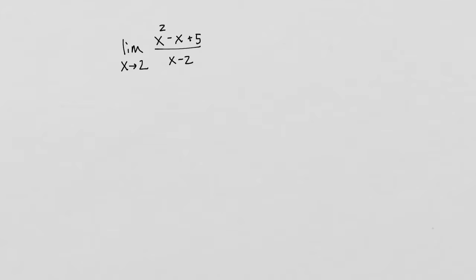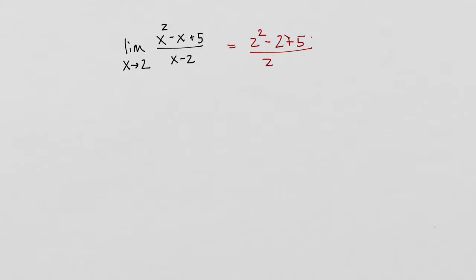So here's our example: the limit as x approaches 2 of the function x squared minus x plus 5 over x minus 2. If we approach this like we do all the other ones and we try to just plug 2 in, this will become 2 squared minus 2 plus 5 all over 2 minus 2, which will become 4 minus 2 plus 5 over 0, which is 7 over 0.